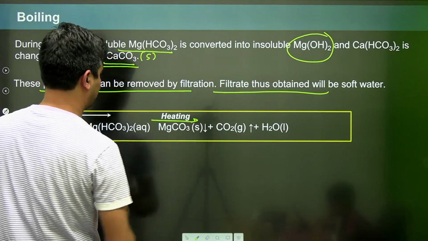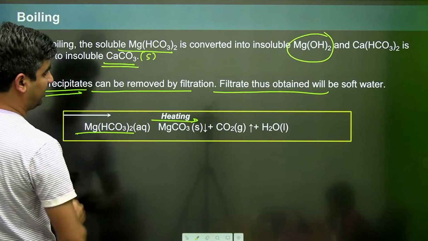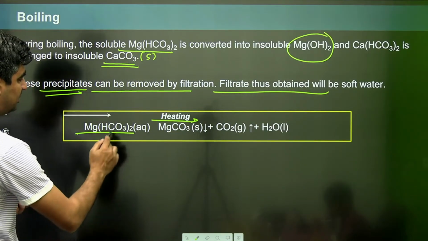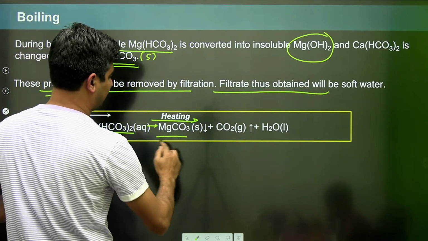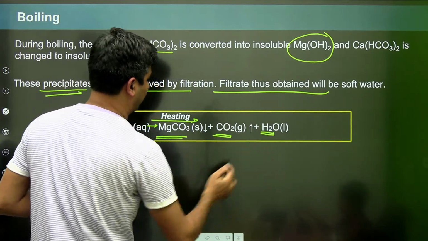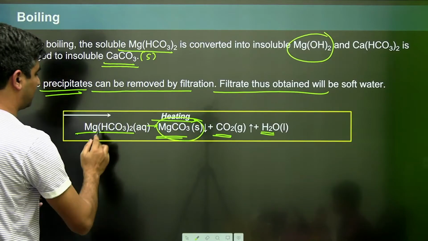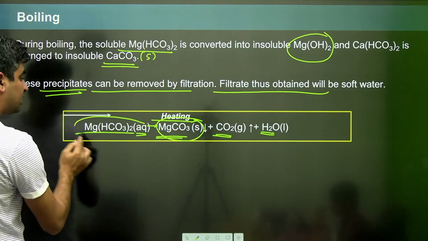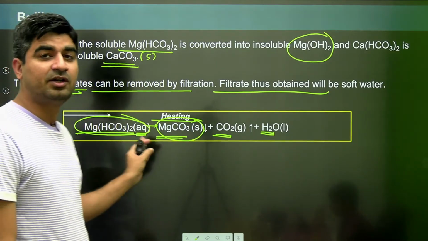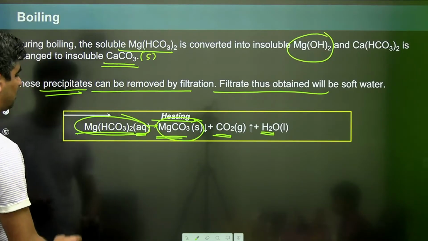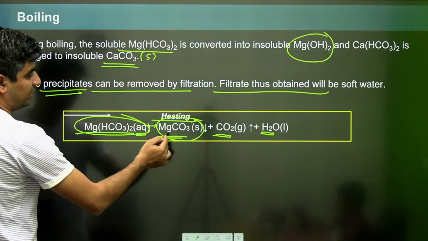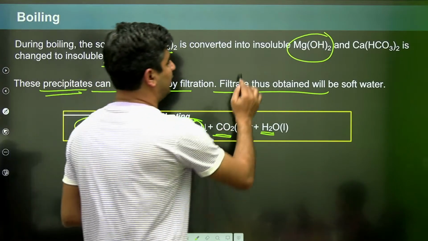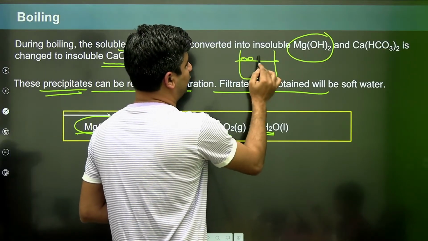On heating, you will get MgCO3, CO2 gas and H2O liquid. So this is precipitate. MgCO3, of course, initially it was dissolved, but now it is not dissolved, and on heating it has converted into MgCO3 solid, and this solid will float on the surface.